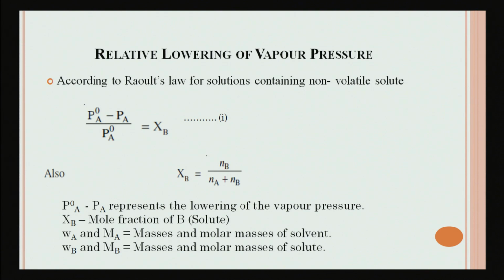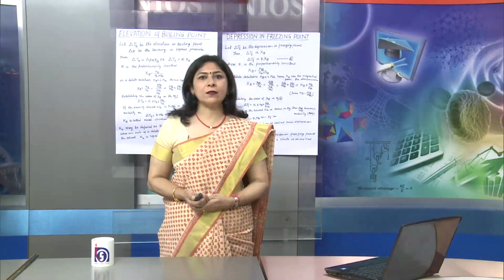Now, also XB is equal to the mole fraction, NB upon NA plus NB, where P naught A minus PA represents the lowering of vapor pressure, and XB is the mole fraction of solute. WA and MA, that we will be doing, will be the masses and molar masses.